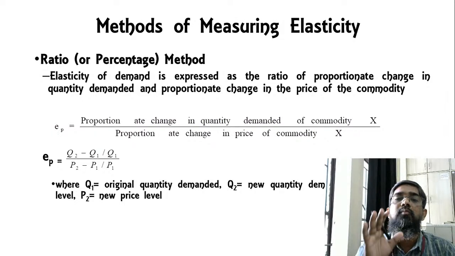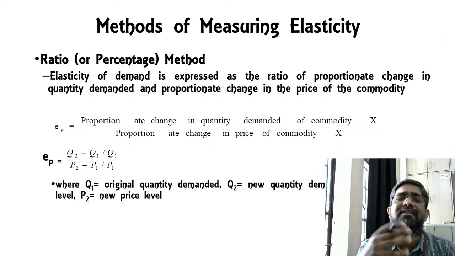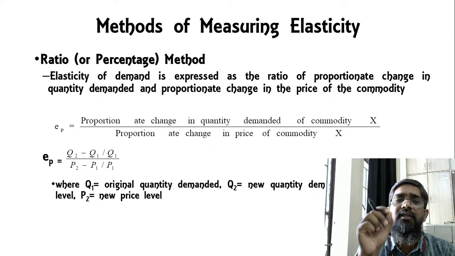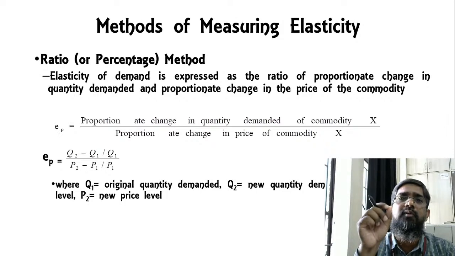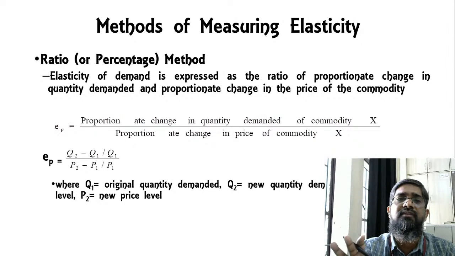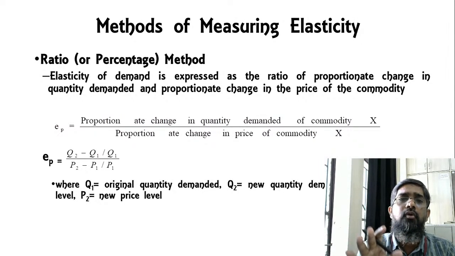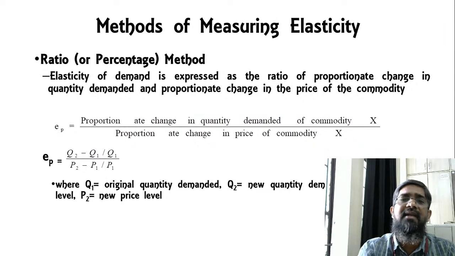The first method is known by the ratio method, percentage method, proportionate method, or arithmetic method. So we know the first one by 4 different names, right? Ratio method, percentage method, proportionate method and arithmetic method.